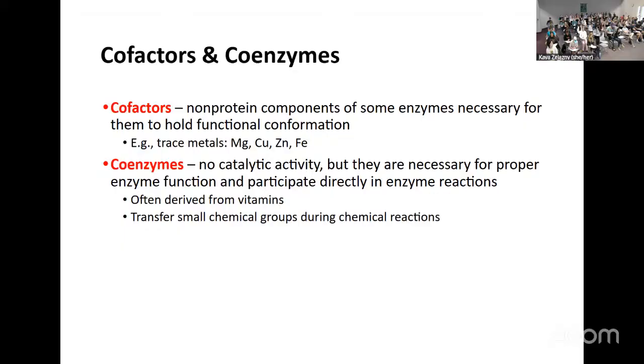We need them for the enzyme to have the proper shape and have the proper function, but they're not going to be directly involved in forming and breaking the bonds of our substrate. So when we think about vitamins, right, we often need vitamins because they give us coenzymes. So that would be an example of a coenzyme. They often transfer small chemical groups in chemical reactions as well. So these participate in the reaction in a slightly different way than an enzyme does.